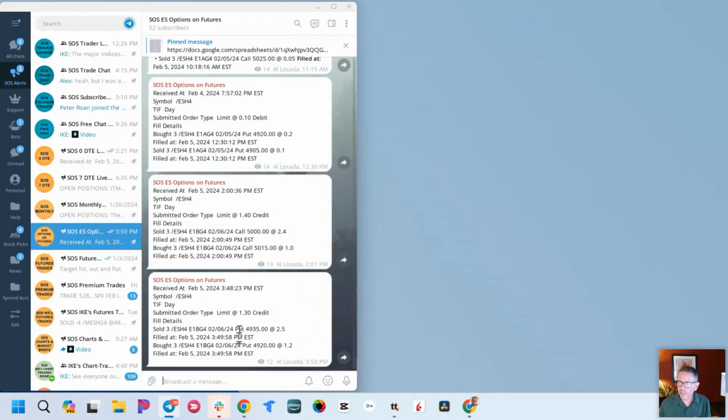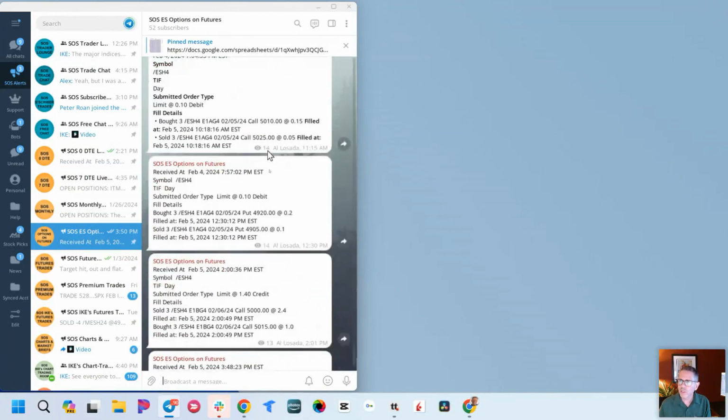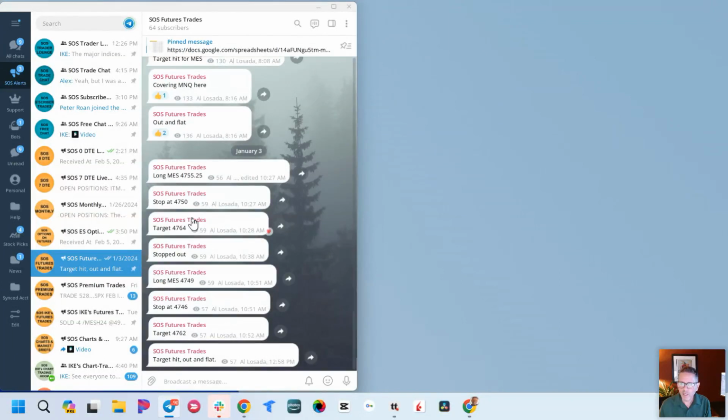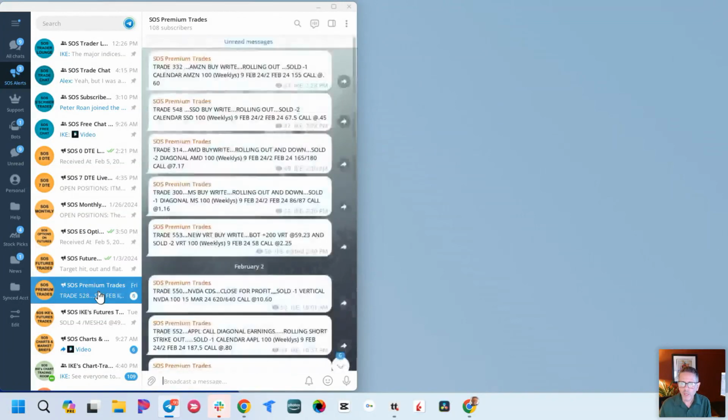And you can see here I closed a couple trades and placed a couple trades today. This is the SOS futures trades, and these are my trades for MES and MNQ. SOS premium trades are Ike's trades.